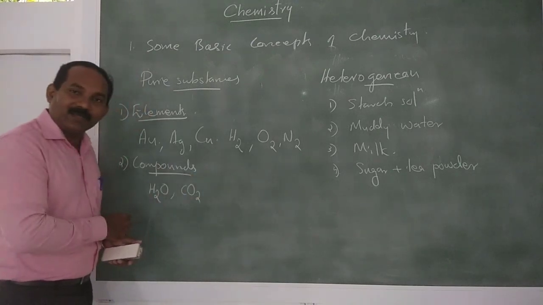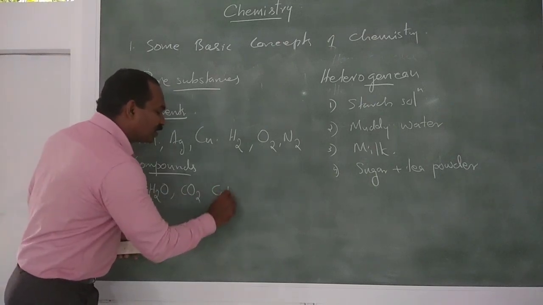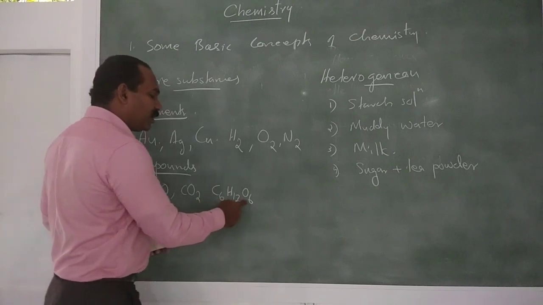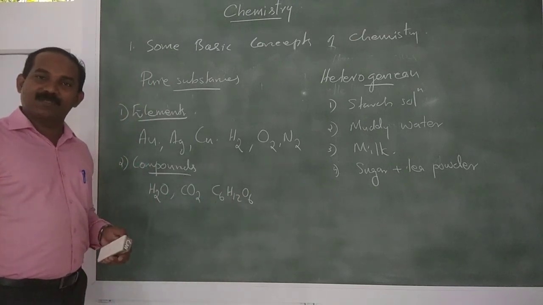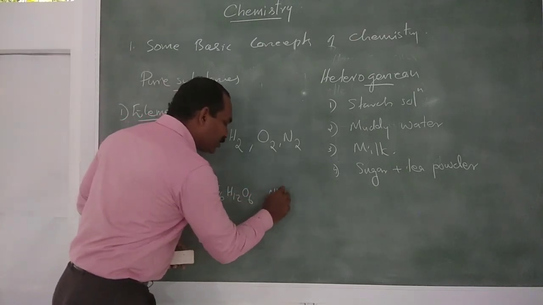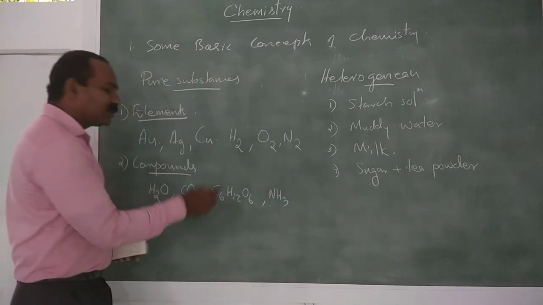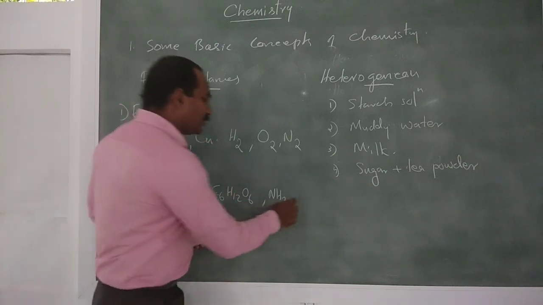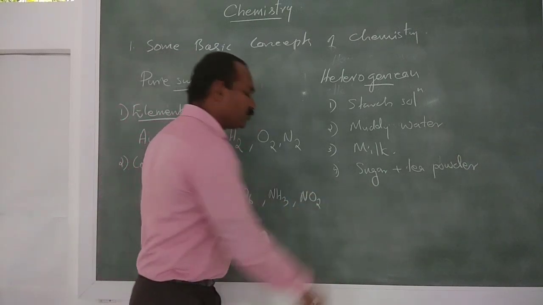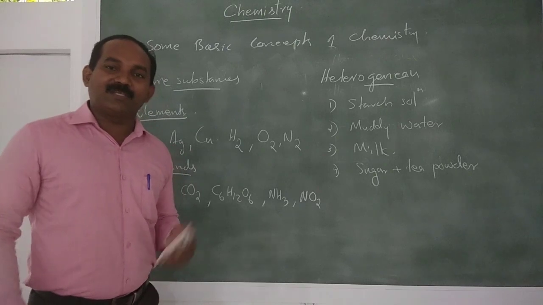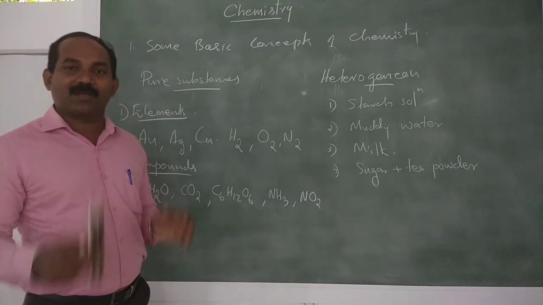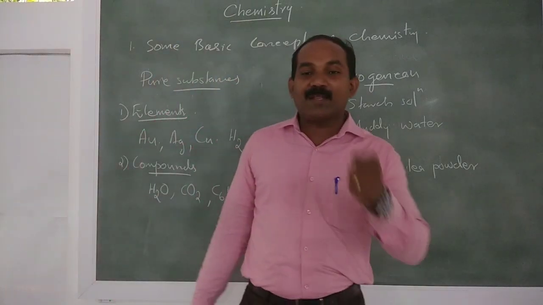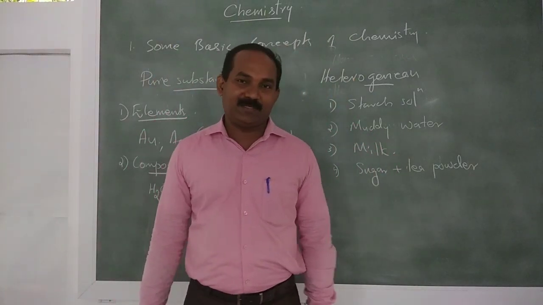Glucose, C6H12O6: carbon, hydrogen and oxygen. Ammonia, NH3: nitrogen and hydrogen. Nitrogen dioxide, NO2, is a molecular compound. Different atoms are combined.